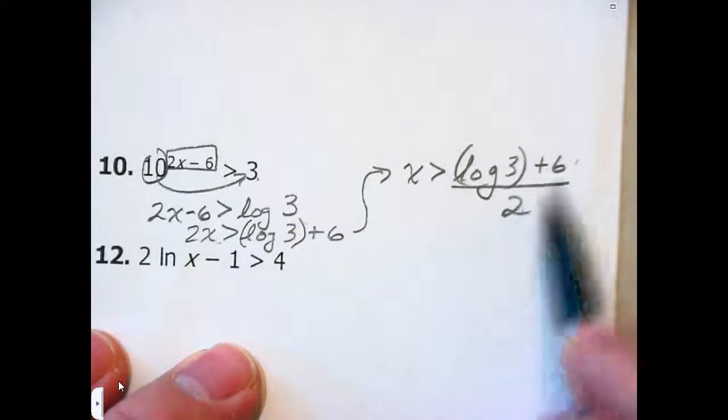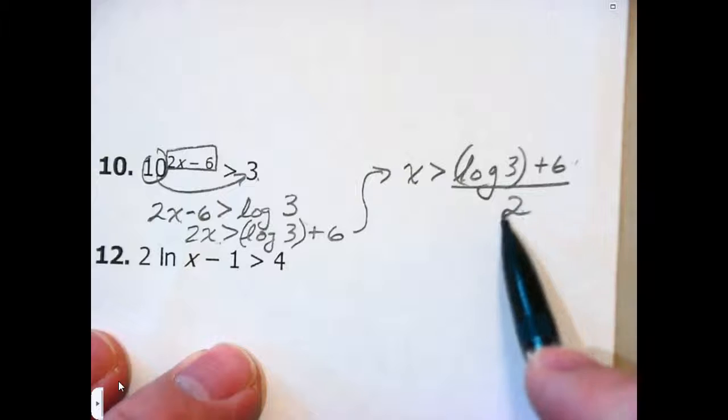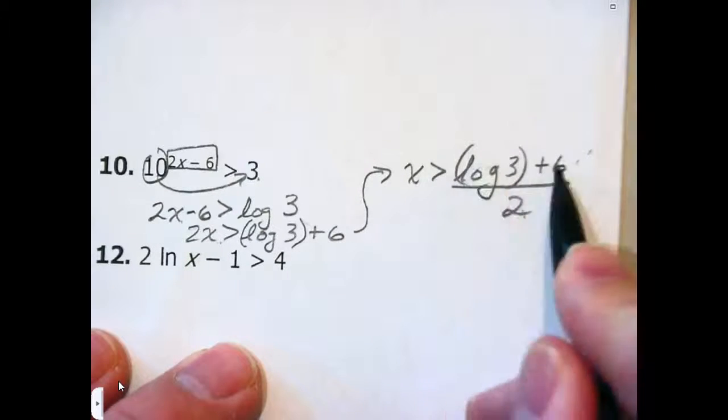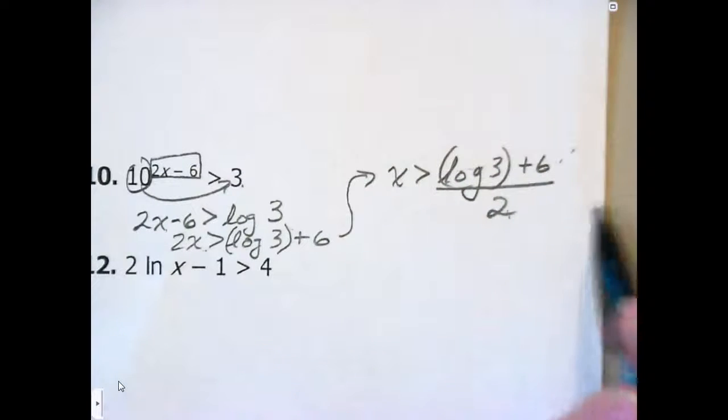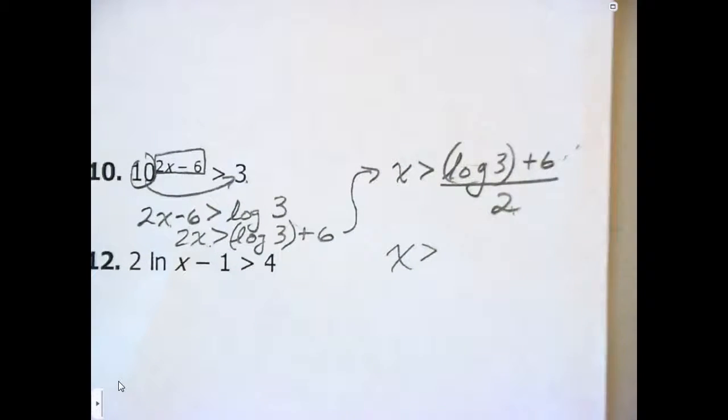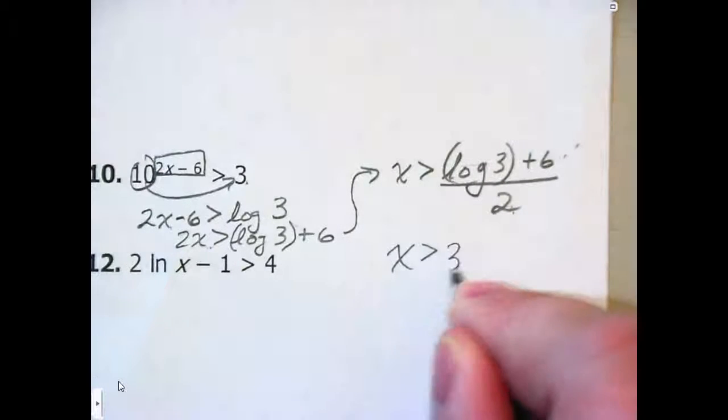In order to deal with this, you have to divide that by 2 and that by 2. So if I'm putting this into my calculator, I'm going log 3 plus 6, and then all divided by 2. So x is greater than what? 3.239.